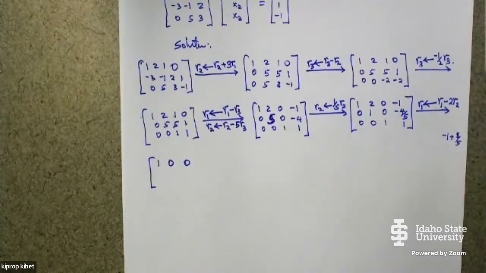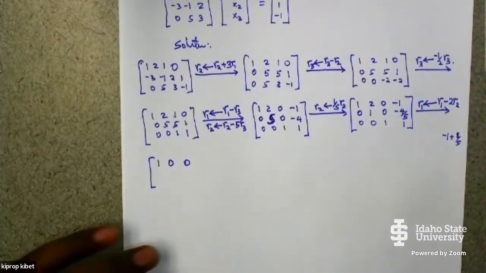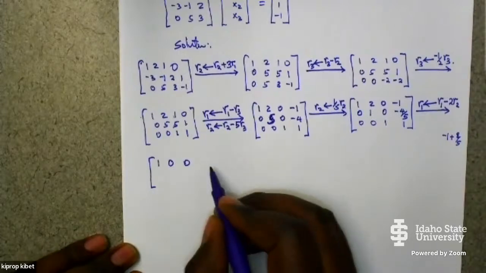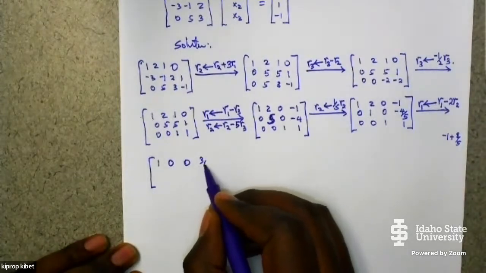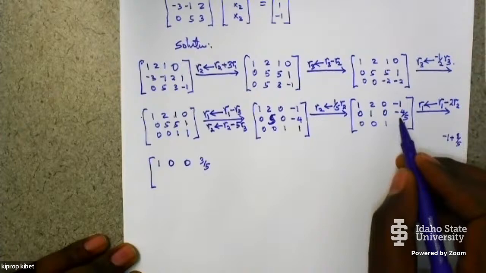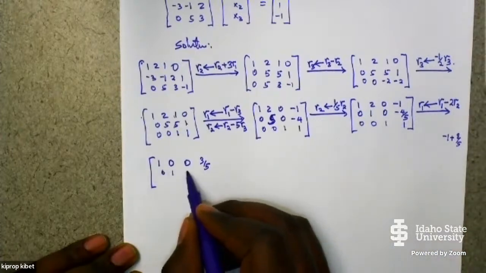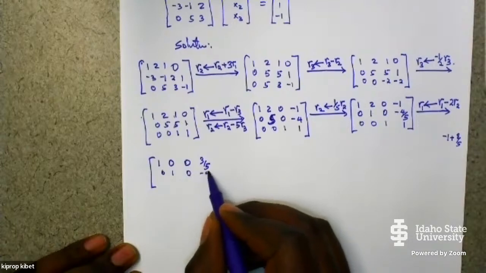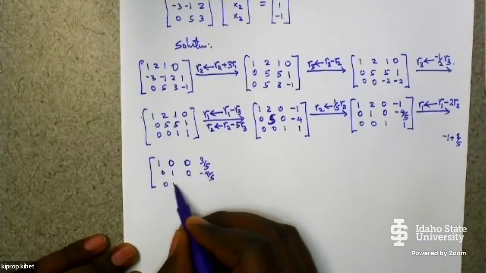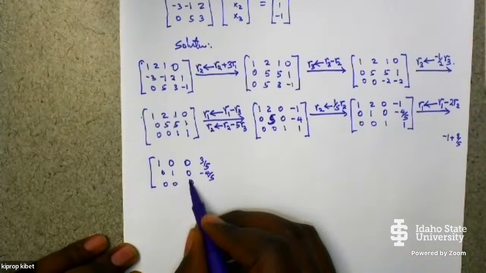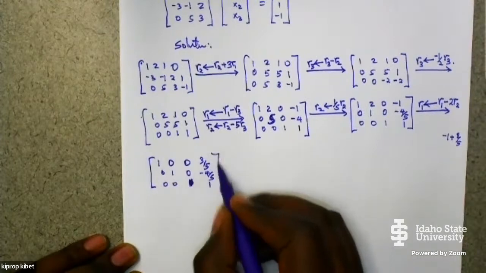So what do you get? 3/5. So we get 3/5. And then finally, this will be 0, 1, 0, and then -4/5, followed by 0, 0, sorry, 1, and then 1.